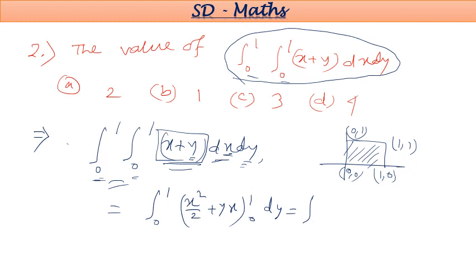So this is 0 to 1, and now putting the value for x, it will be half plus y dy, and half y plus y square by 2, 0 to 1. Therefore the value will be half plus half, that means 1. So the right option will be 1. A very easy problem. The answer will be 1.